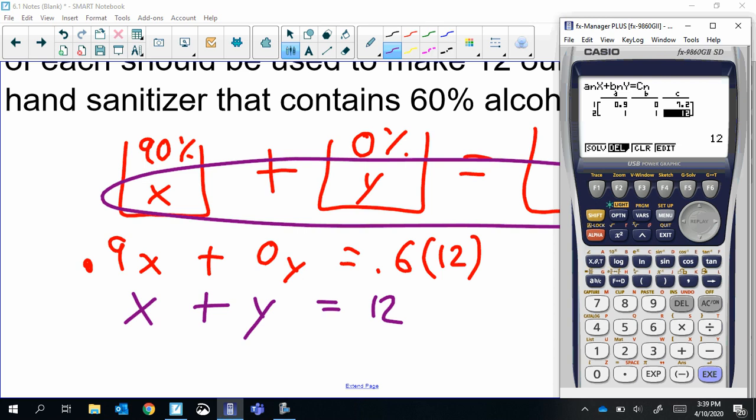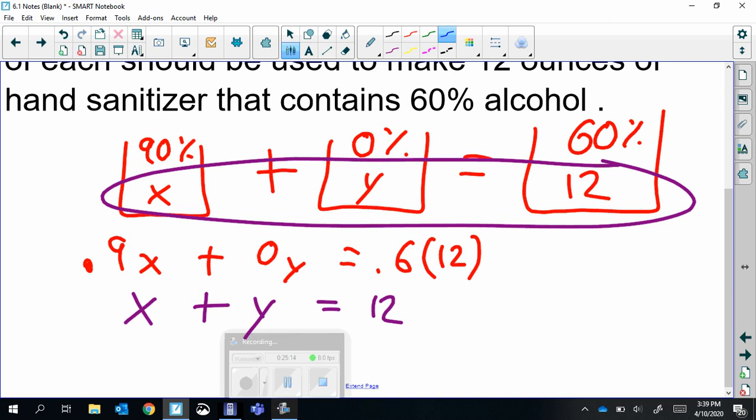Solve, and it tells us we get 8 and 4. So 8 ounces of the 90%, 4 ounces of the aloe vera gel.